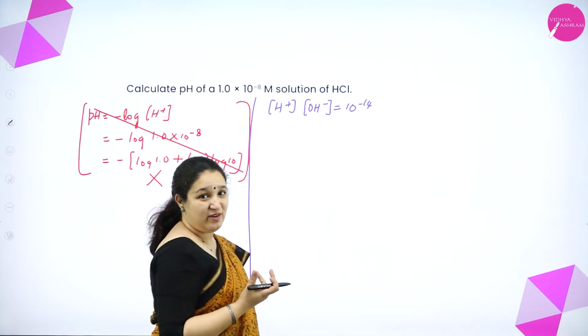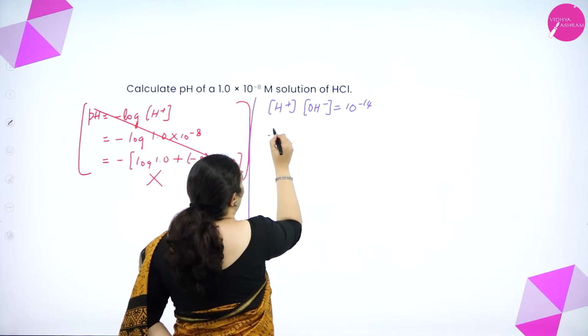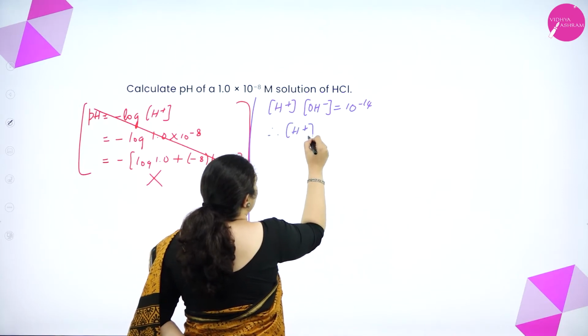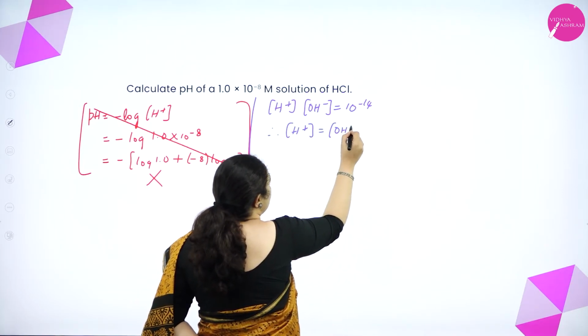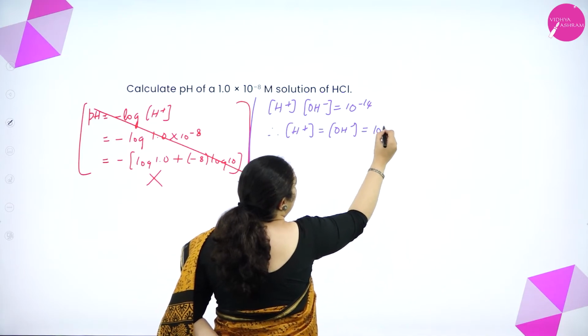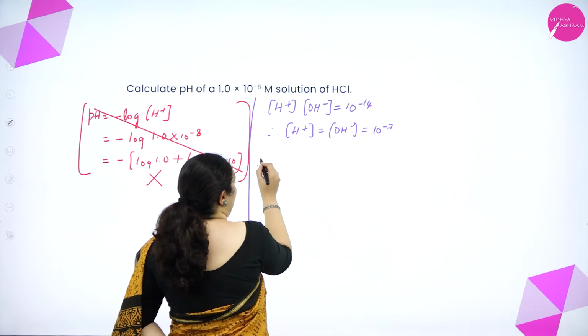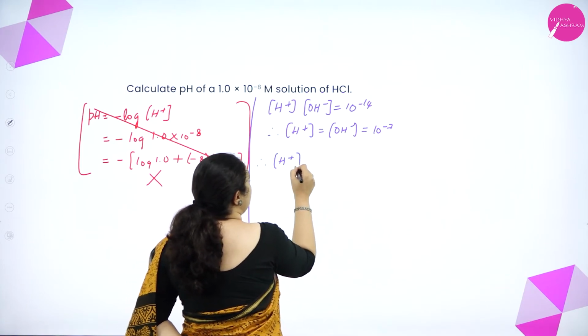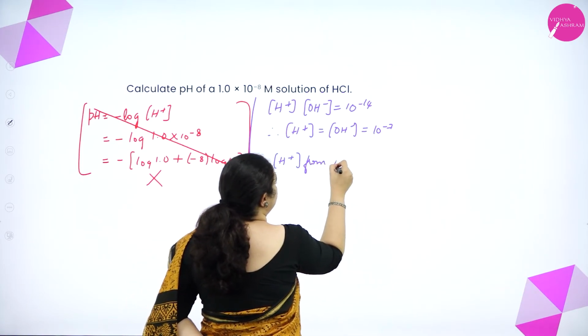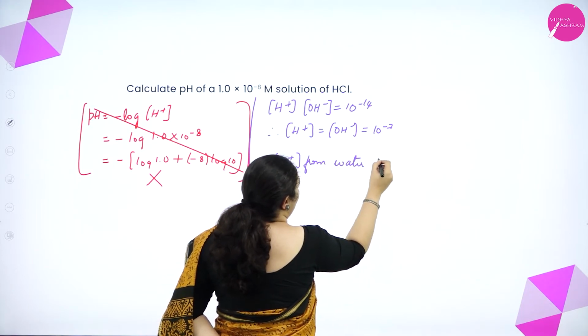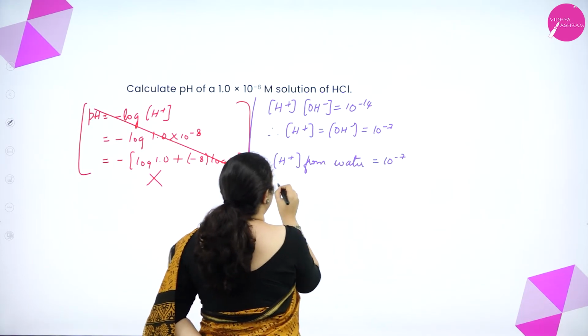So we call it the ionic product of water. Therefore, H plus ion concentration is equal to OH minus ion concentration, which is equal to 10 to the power minus 7. Therefore, H plus ion concentration from water is 10 to the power minus 7.